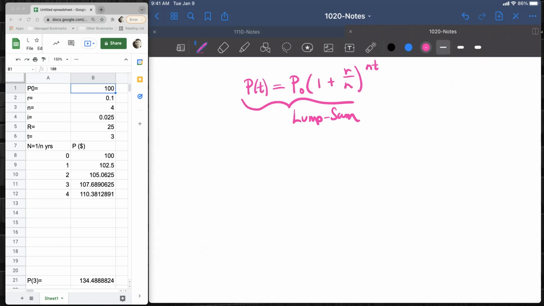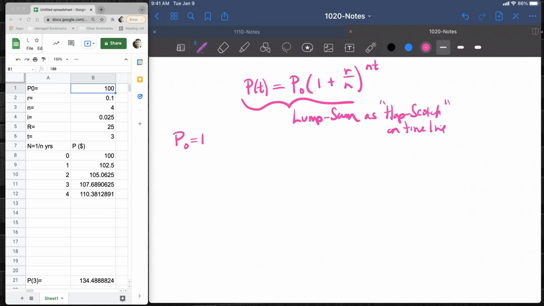So we've looked at the lump sum problem, and we looked at that problem as what I call a hopscotch problem on the timeline.